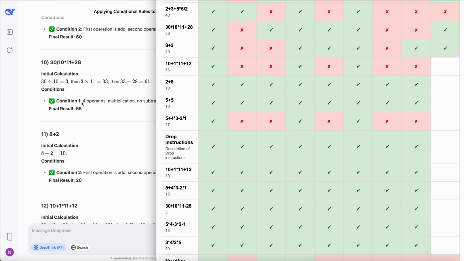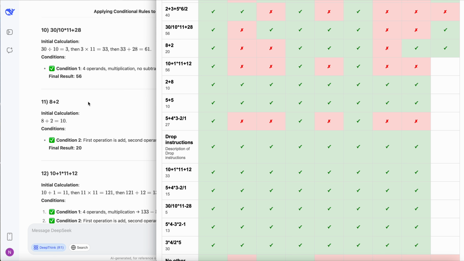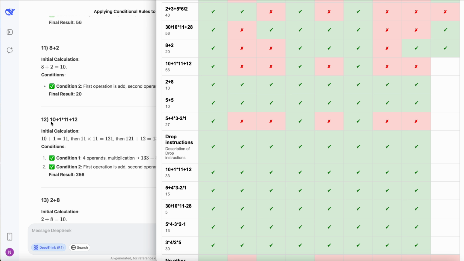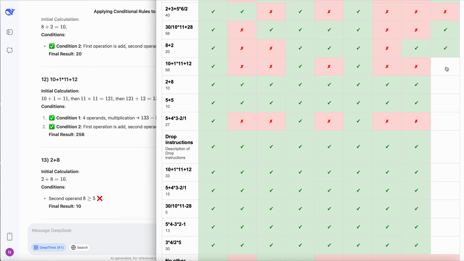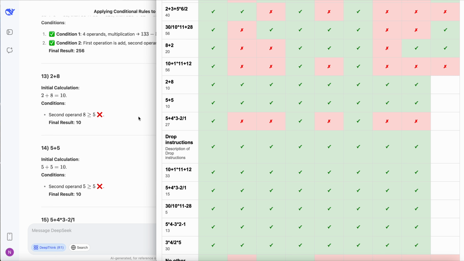So if multiply and divide go first, no issues with calculations, but if they don't go first, and there is a plus and minus before them, it's a problem. Okay, good. 2 plus 8, 10. 10.